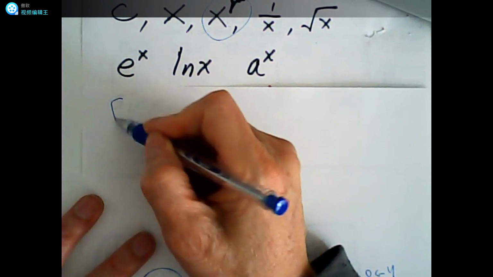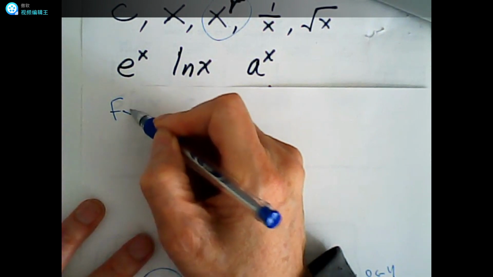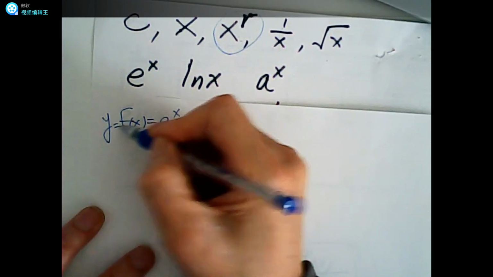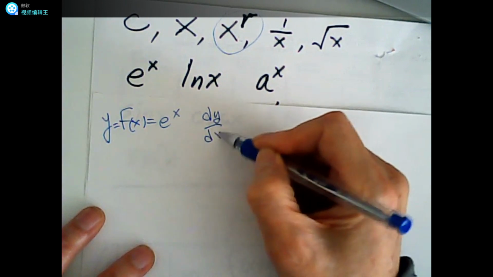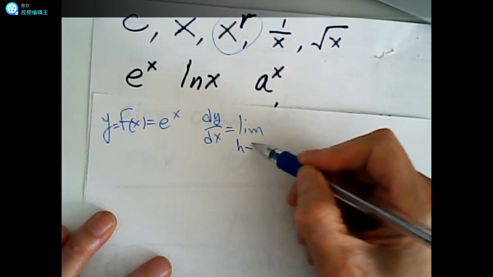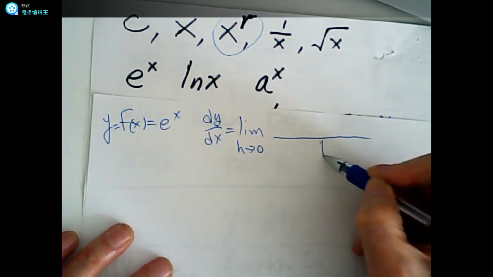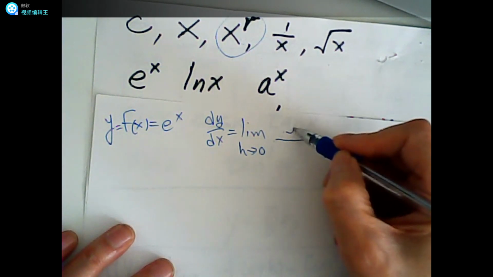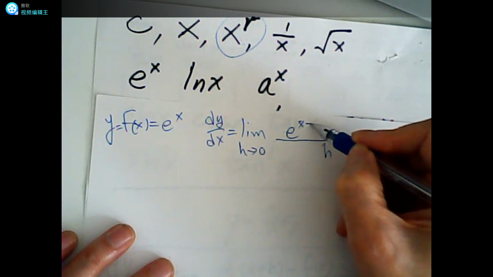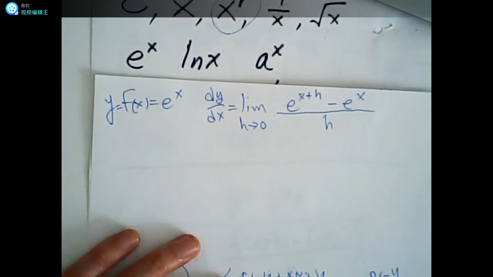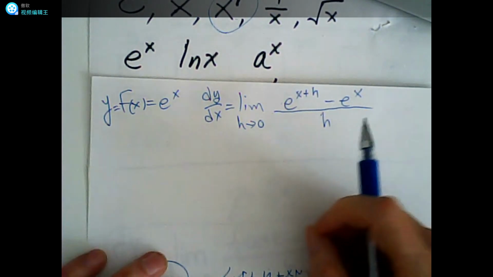Now, e to the x. f of x equal to e to the x. All right, this is y, right? Now dy dx is equal to the limit as h approaches 0 of f of x plus h, this is e to the power of x plus h, right, minus e to the power of x, over h.